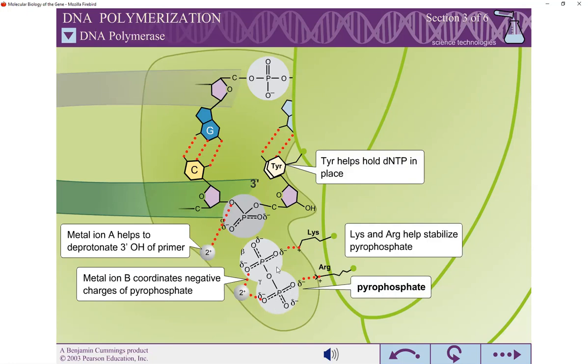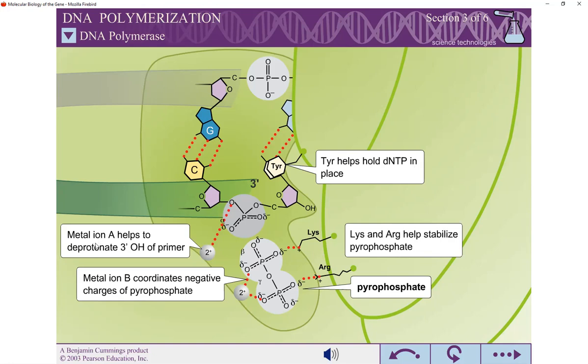As they bind, they will stabilize the negatively charged phosphate molecules. Then the incoming nucleotide is also stabilized by the interaction with the tyrosine residue from the finger domain. The tyrosine residue helps to hold the deoxynucleotide triphosphate in a correct orientation.